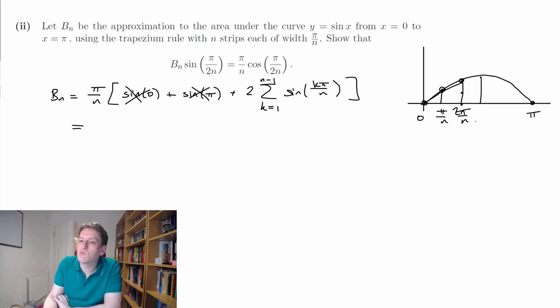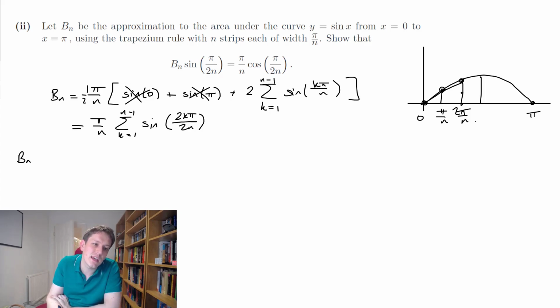Oh, and the trapezium rule also has a half in it, doesn't it? So I should put that at the front here. And then the half and the 2 cancel out. So I'm left just with pi divided by n times the sum from k equals 1 to n minus 1 of sine of k pi over n, which I'm going to write as 2k pi over 2n, and you'll see why in a second.